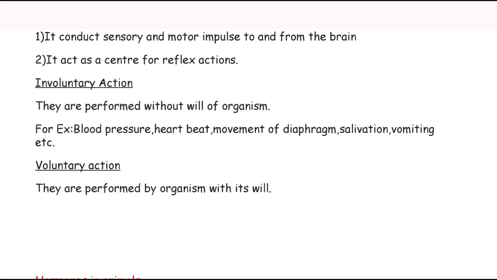Involuntary actions are performed without the will of the organism. Examples: blood pressure, heartbeat, movement of the diaphragm, salivation, vomiting, etc. Voluntary actions are performed by organisms with their will.